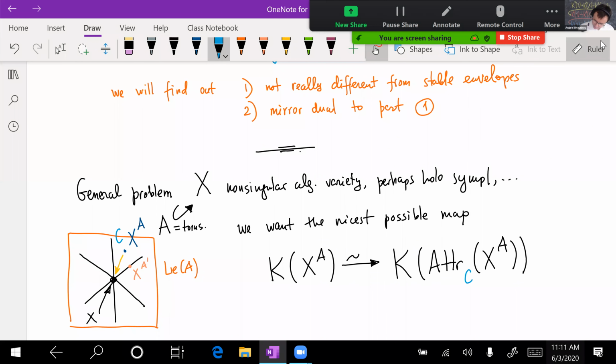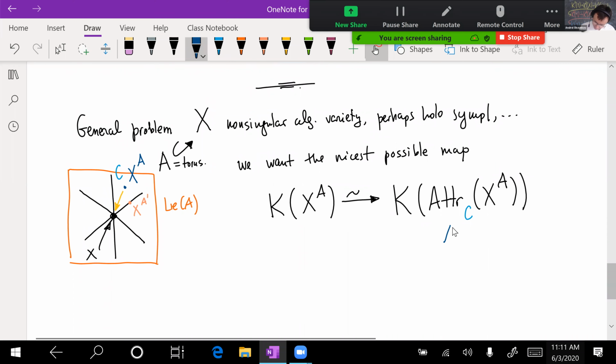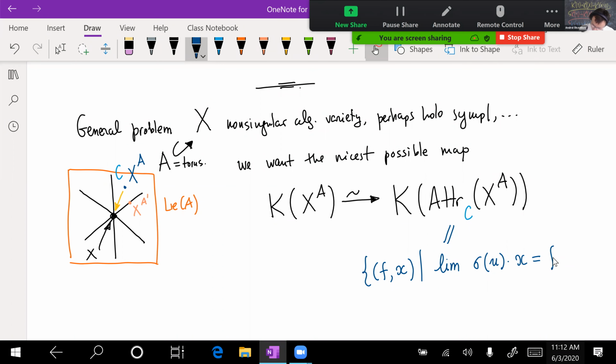This is the set of pairs: I consider a fixed point f and a point x such that the limit of sigma of u acting on x equals f as u goes to 0, where sigma is a one-parameter subgroup in that cone.